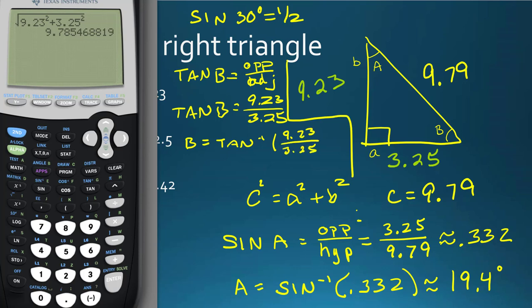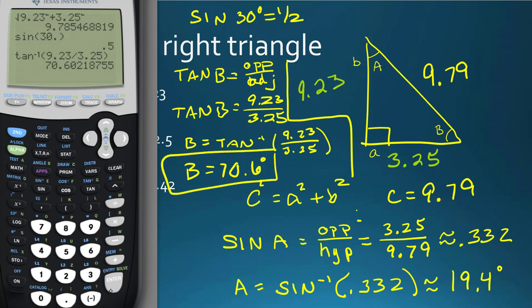Isn't that beautiful? Let me make sure the sine of 30 is still 1/2. Okay, good. Now the inverse tangent of 9.23 divided by 3.25 is 70.6.